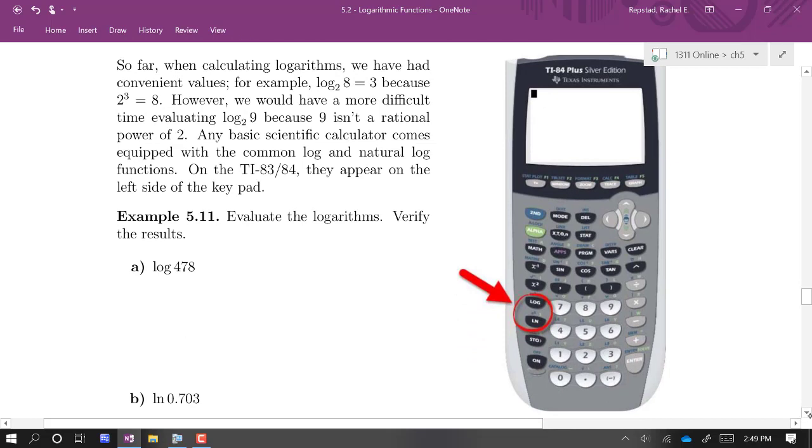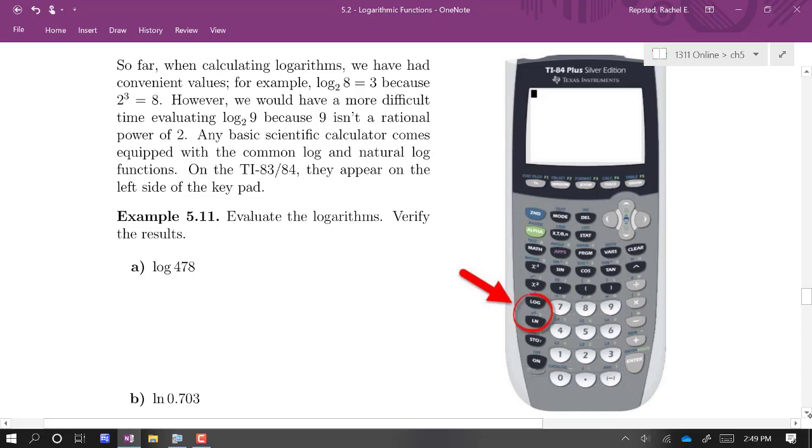In fact, they're built into our calculator, the TI-84. They're built into any basic scientific calculator. A lot of calculators won't have logs of other bases, so we're going to focus on making sure that we know how to rearrange things and be able to use the common log or the natural log to solve our problems when we start solving equations.